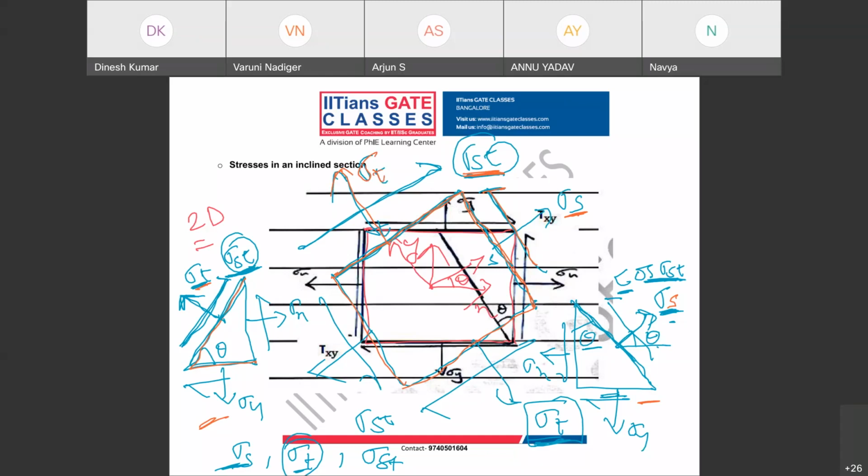Sigma t on this rotated element. What is the corresponding shear stress? It will also be sigma st from complementary nature, because this plane and this plane are perpendicular to each other. So your shear stresses follow complementary nature. Now is it clear?